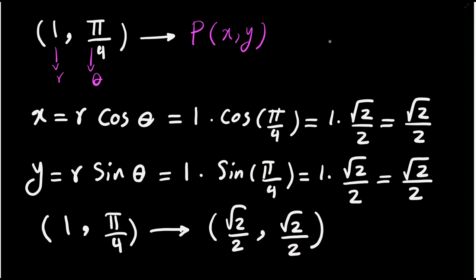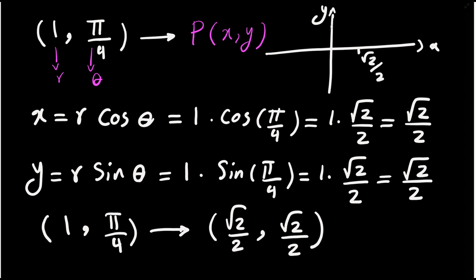Now, let me show you the point on the xy axes. This is the xy plane, and if here is the square root of 2 over 2 and here is the square root of 2 over 2, then the point is here. Because x and y are equal to each other, the point is on the line y equals x.